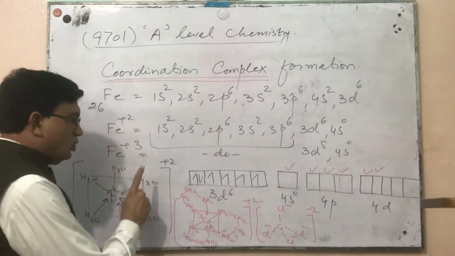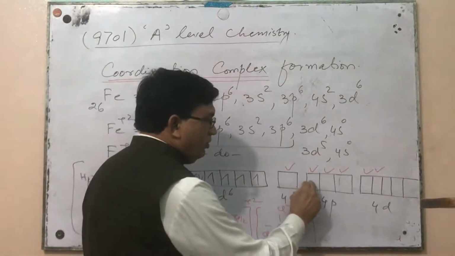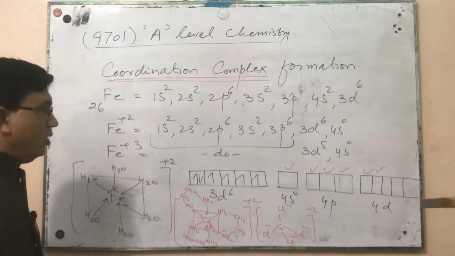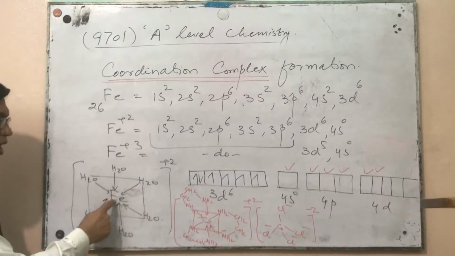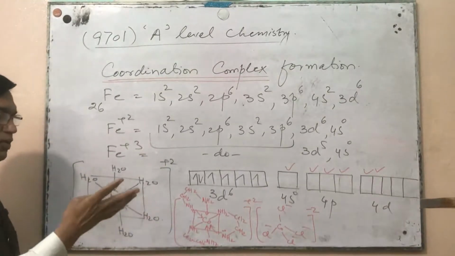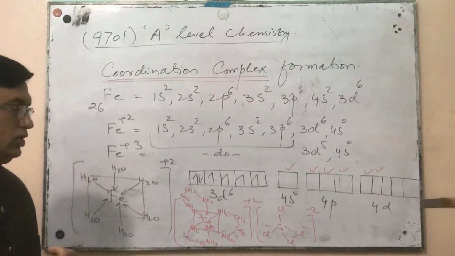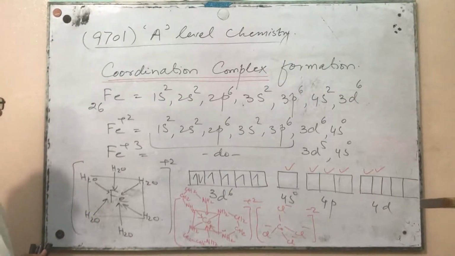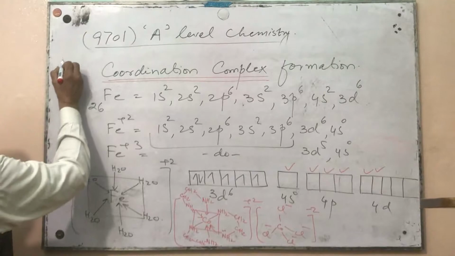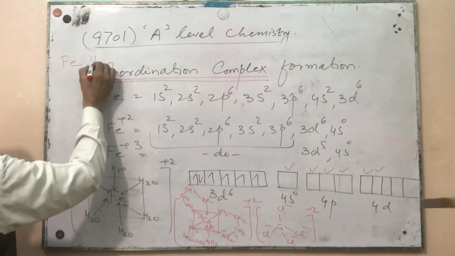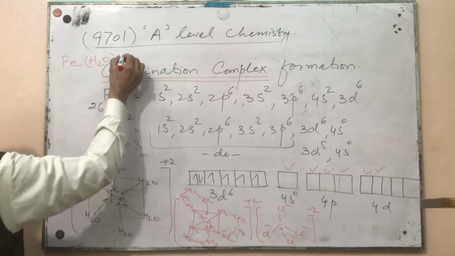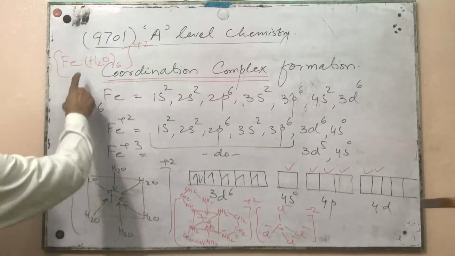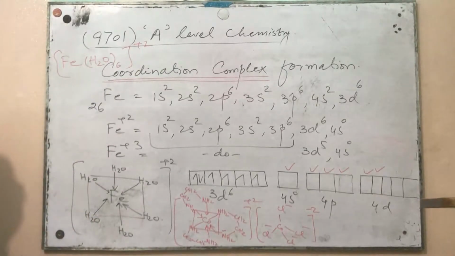Now, all these ligands form coordinate covalent bonds with all these empty orbitals. For example, the Fe positive 2 ion will form a coordination complex with 6 water molecules, and this complex will be represented as [Fe(H2O)6] 2+.